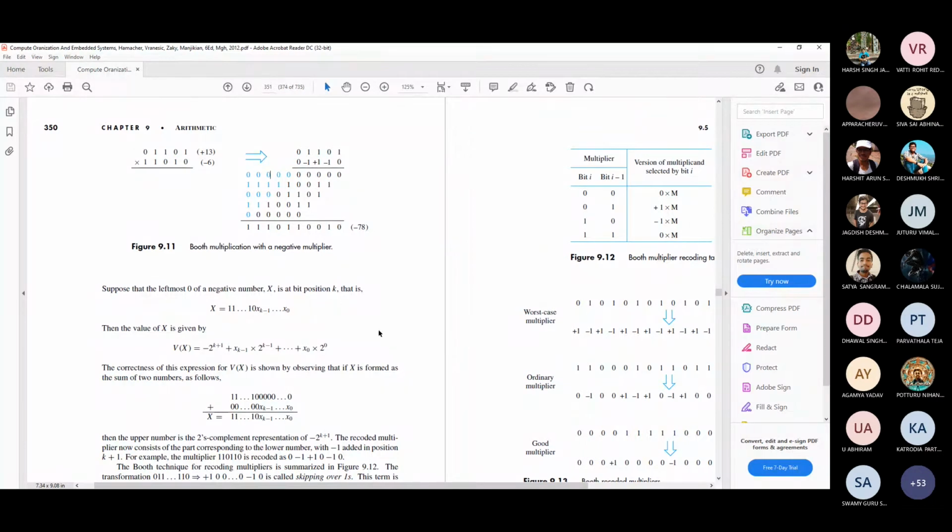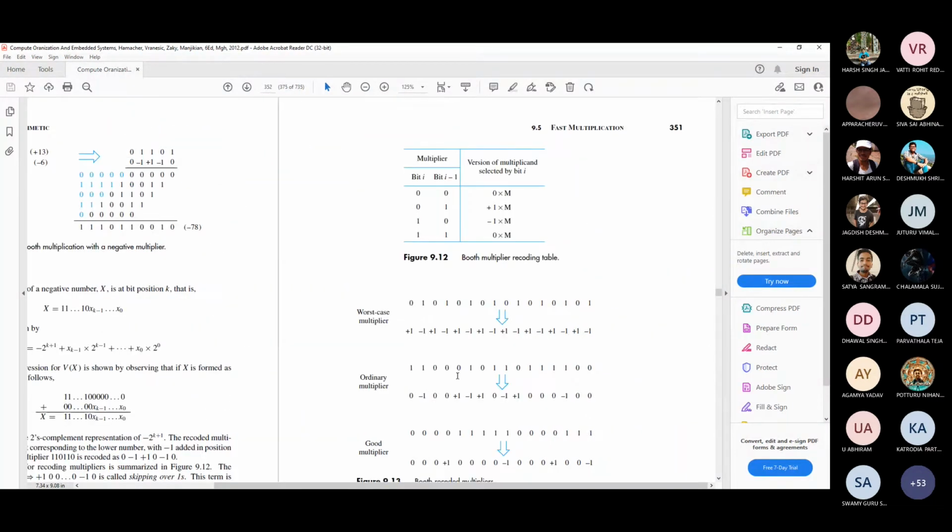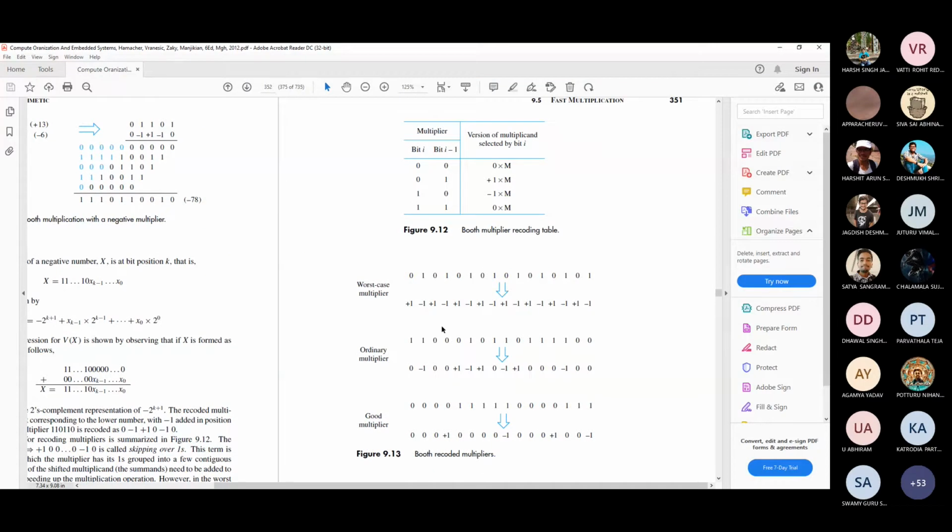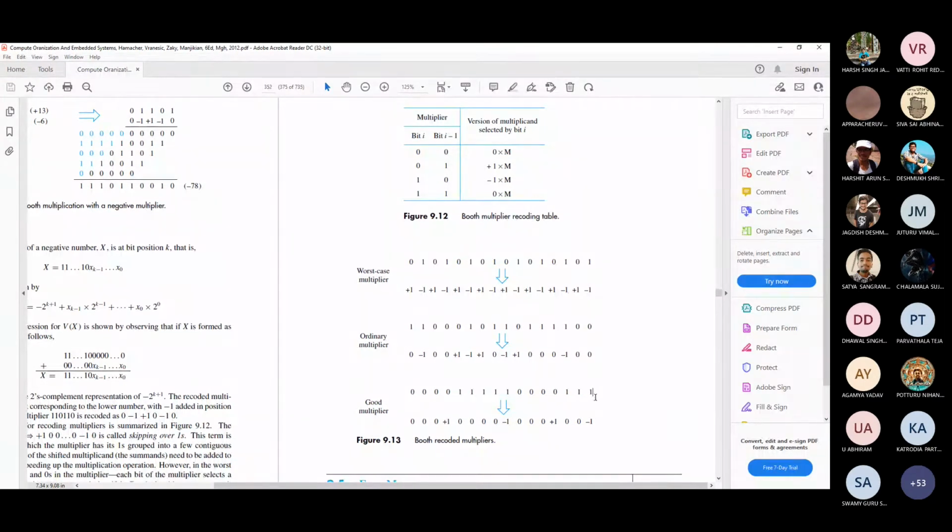But we will get benefit when the multiplier is good like this. If you see the block of ones here in the original multiplier, when they are converted to Booth's multiplier, the number of ones, either plus 1 or minus 1, is 1, 2, 3, 4. So 4 additions instead of 1, 2, 3, 4, 5, 6, 7, 8 additions. So you can skip the adder so many times, at least for this example.